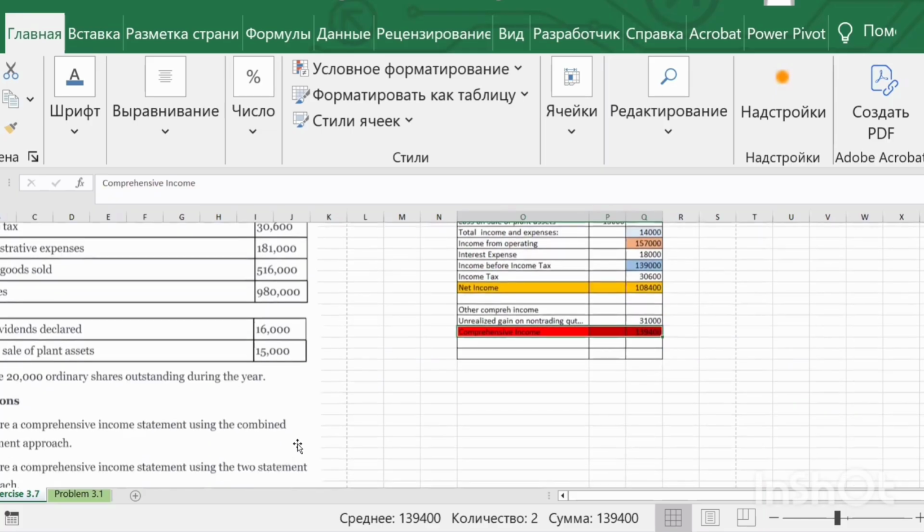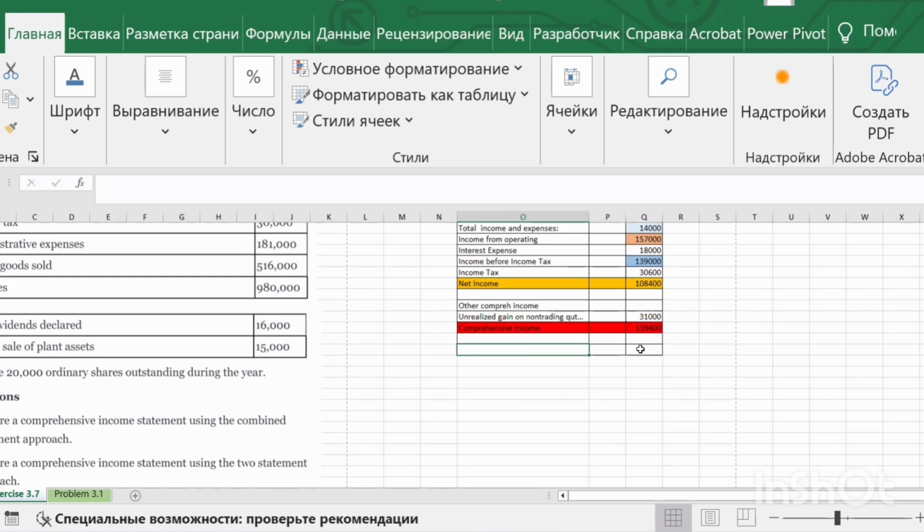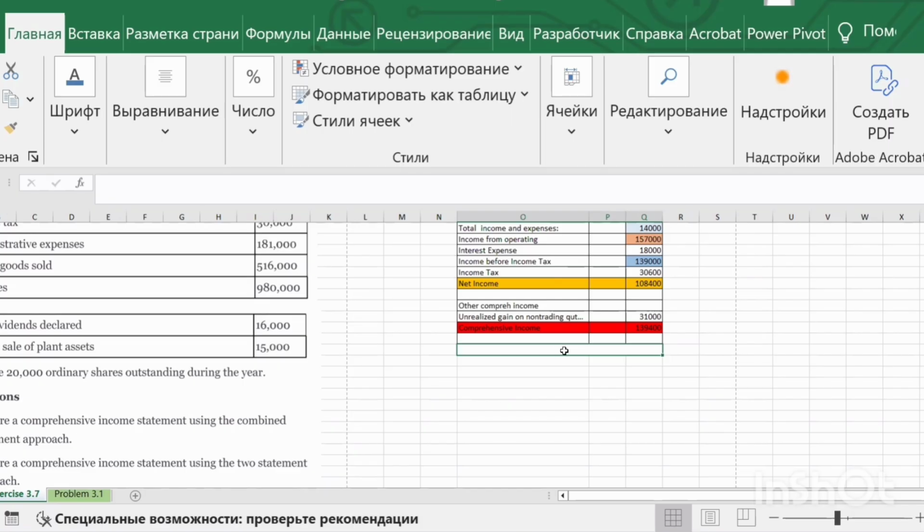However, we also have additional information that there are 20,000 ordinary shares outstanding during the year. So it means that we can find the amount per one share. So we should get the earnings per share.